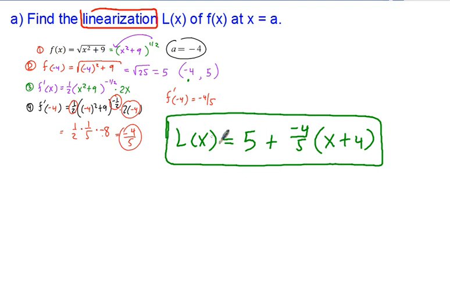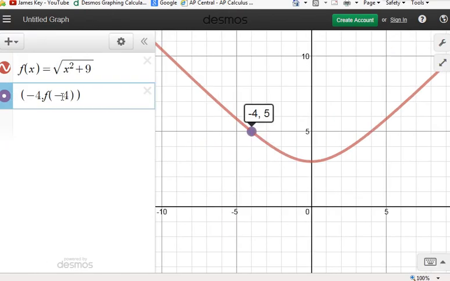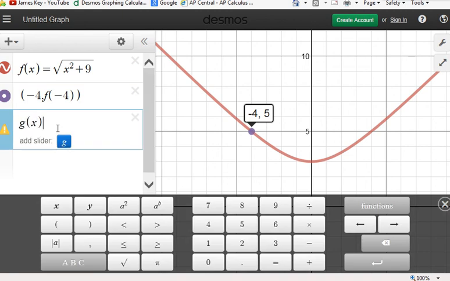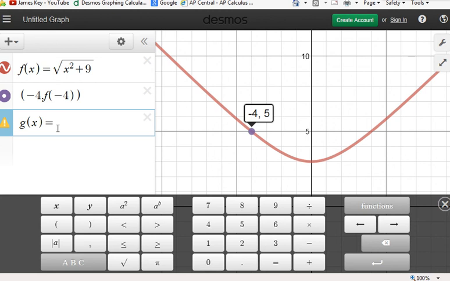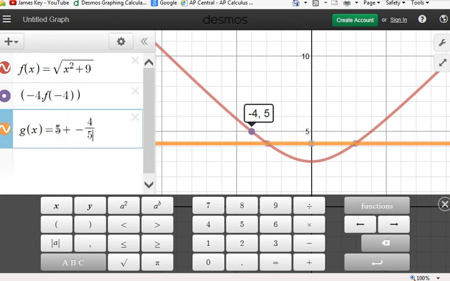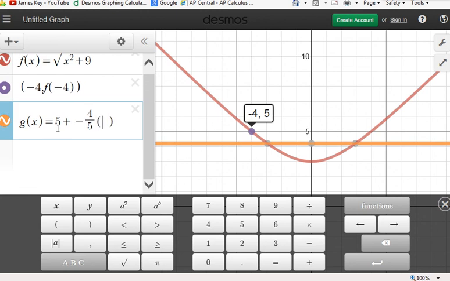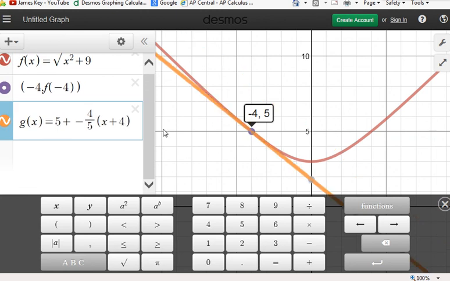Let me now pop over and type this equation into Desmos. So 5 plus -4/5. We'll call this g of x. 5 plus -4/5 times x plus 4. Okay?